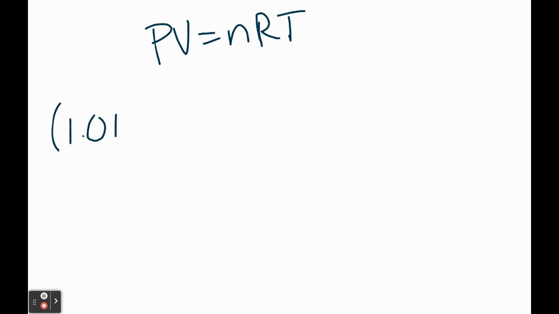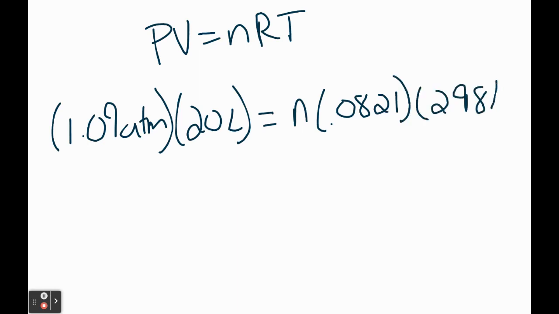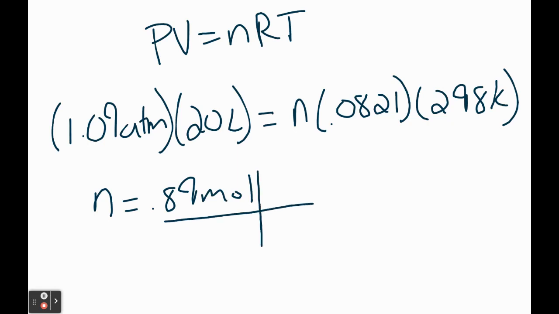So 1.09 atm times 20 liters equals n times the gas constant times 298 Kelvin. And when you solve for moles, you should get 0.89 moles of nitrous oxide gas.